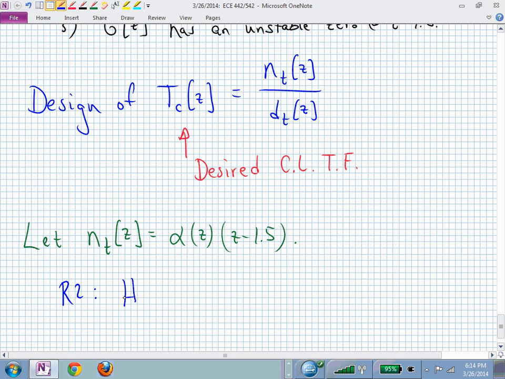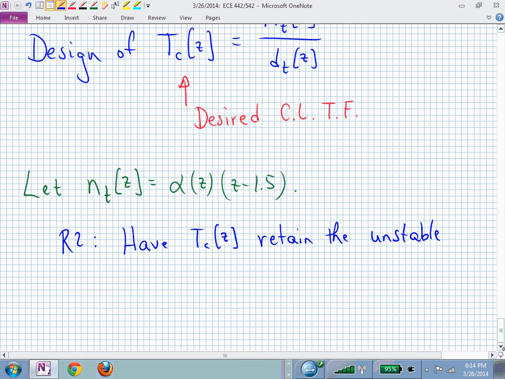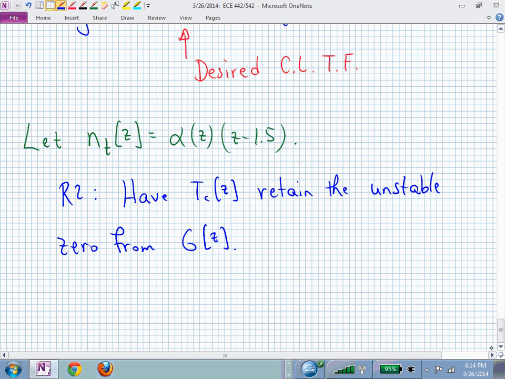R2 says to have t sub c of z retain the unstable zero from your original plant, g of z. So at least we have a start.